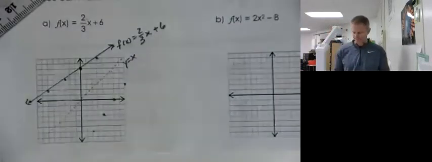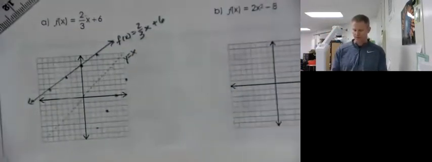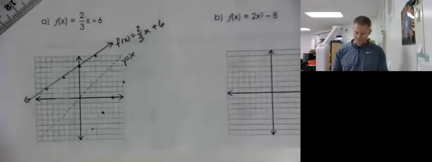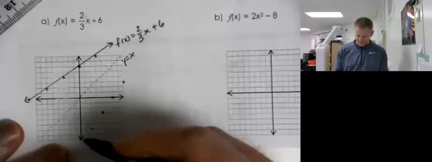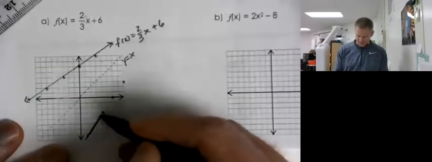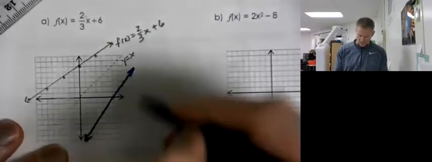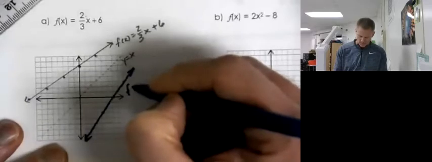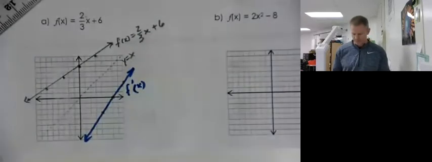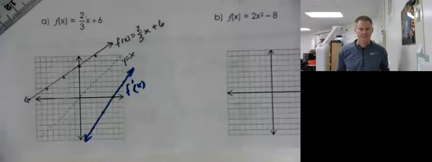There's our 4. So that is our f inverse of x.